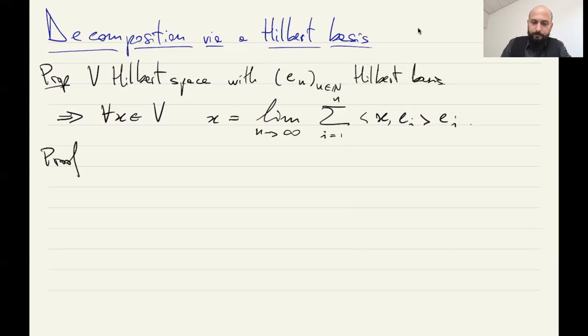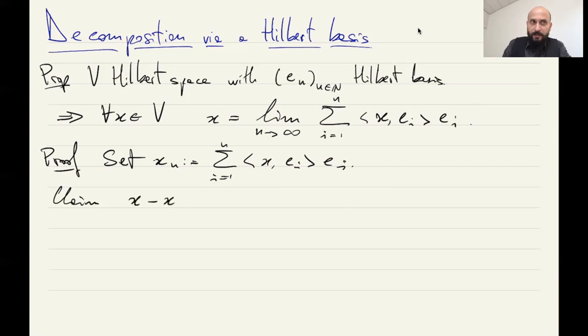Proof. Okay, let's give a name to those sums. So set x_n to be the sum for i from 1 to n of <x, e_i> e_i. First, we claim that x minus x_n, as a vector, is orthogonal to e_i for all i from 1 up to n, the same n here.